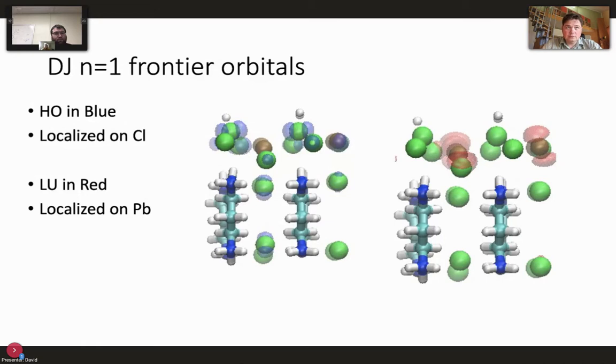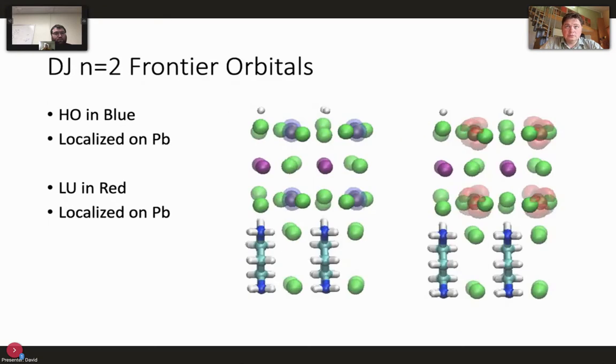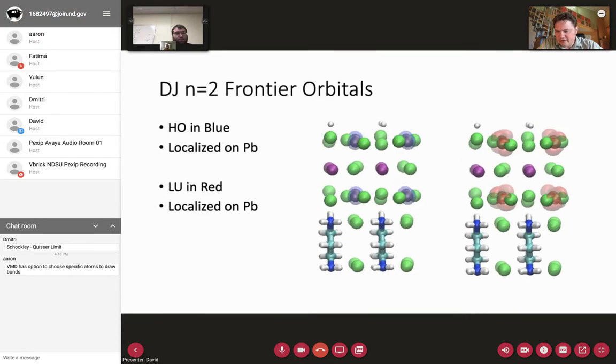What I am not so sure about is in the n=2, both the HOMO and the LUMO are localized on the lead. Let's check if Aaron approves this observation, or maybe there are some comments.